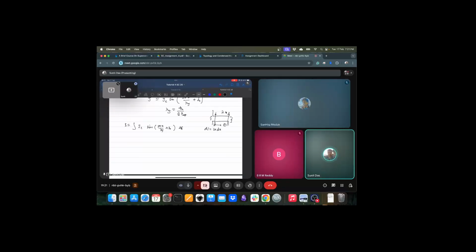Now this was the thickness, and we assume that the width is in the plane direction, inward direction. This is the width. Okay. So assuming this, Jc is constant, so it is out of the integration, and then W times the integration over sine 2 pi x by lambda j plus delta 0 dx.